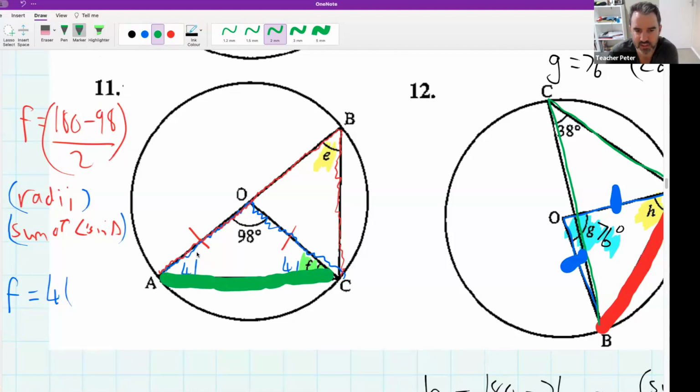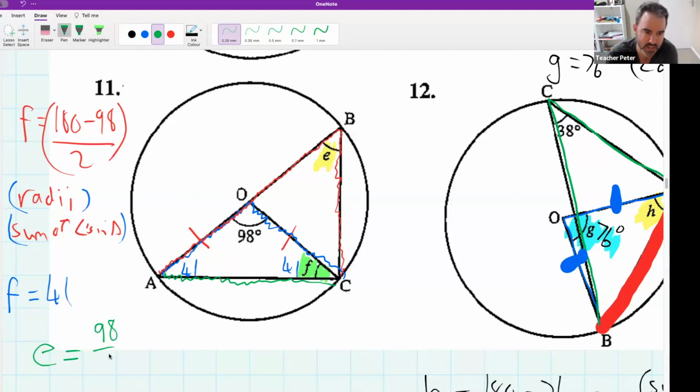I think the angle at the center, oh, I made that far too thick, so let me try again. If you imagine this as getting the angle at the center is 98, the angle at the circumference is going to be E. And so all we're going to say is that E is equal to 98 divided by 2.